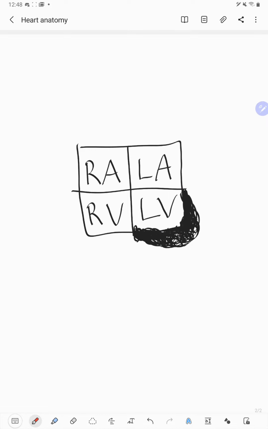So what it's doing is sending blood, oxygenated blood, to the rest of the body. It's going to go through the aorta to do so. But really, out of this general overview, we want to get out of this that it's sending oxygenated blood to the rest of the body.